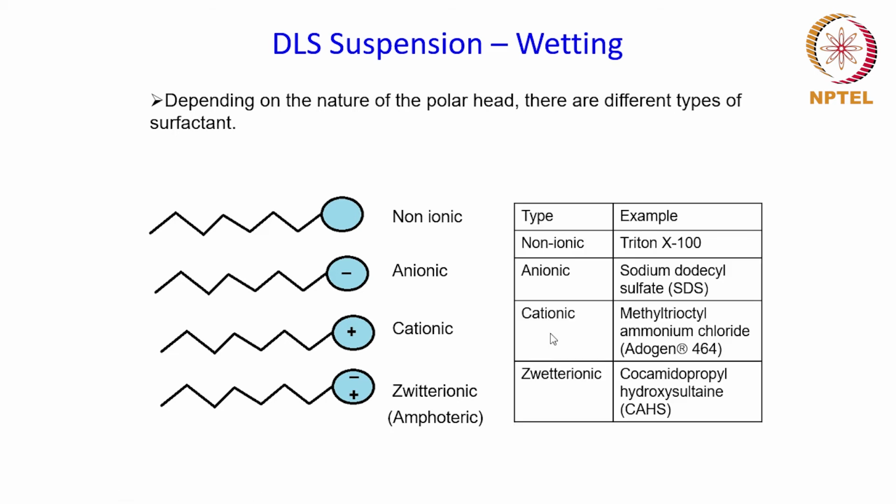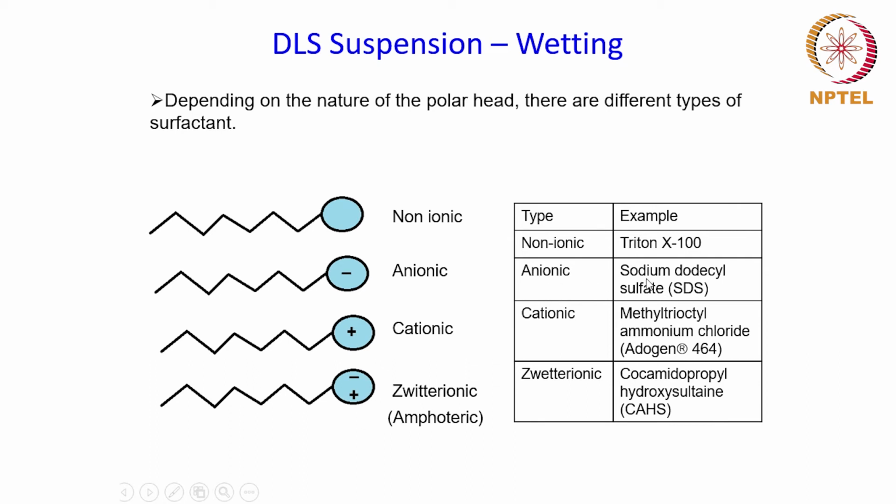Okay. So here are some examples of different types of surfactants. Triton X 100 that we saw in the previous slide is a non-ionic surfactant, and in the other categories you have this kind of compounds.